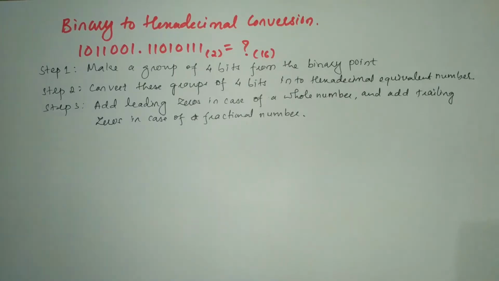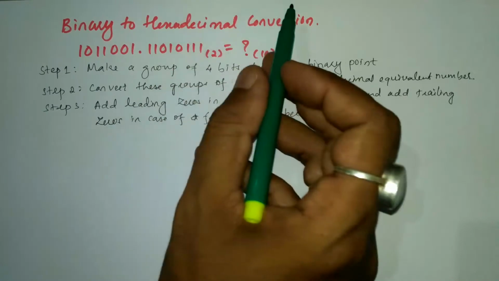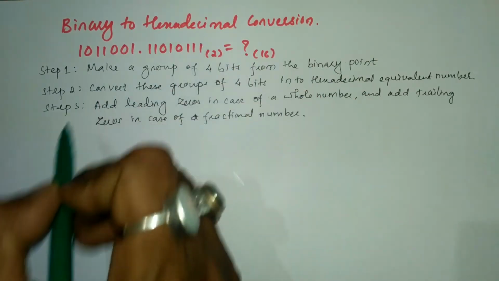Now let us consider the binary number and we'll convert it into a hexadecimal number using these 3 steps.